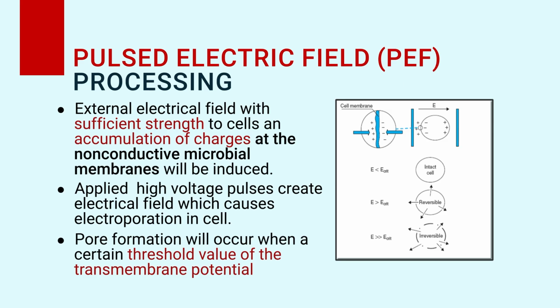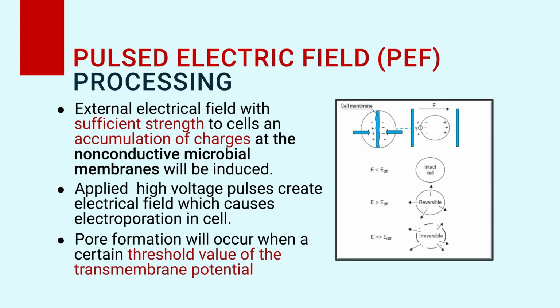So there is a critical electric field which is able to create pores within the cell of the microbes. They may be microbial cells, they may be plant cells, both. But we are targeting inactivation of microbes if we are targeting preservation, so that's why I am calling it microbes. As we increase E, there would be a certain value which will initiate this pore formation.